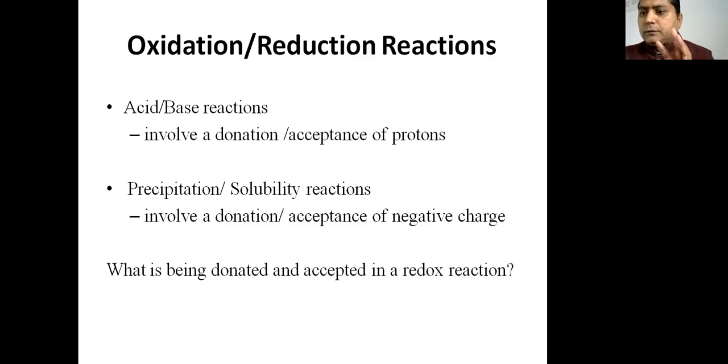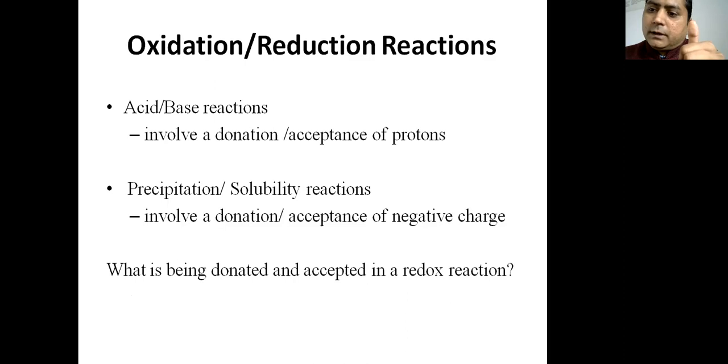There are three methods of defining oxidation reduction. The first is based on oxygen: any compound that accepts oxygen gets oxidized. Any compound that can lose a proton or donate it is oxidation.